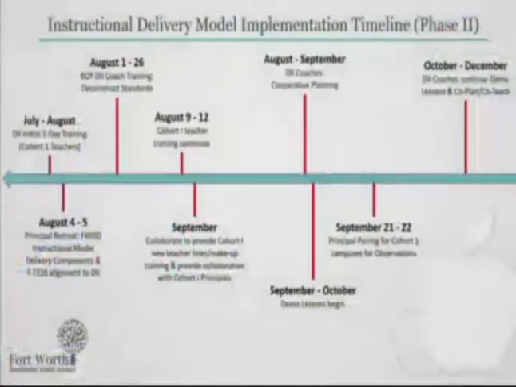The timeline before you shows phase 2 of our instructional delivery model, which concentrates on campus implementation. DII coaches will continue ongoing training and support throughout the summer and fall semester on deconstructing standards, cooperative planning, demo lessons, co-plan, co-teach, as well as lesson design.